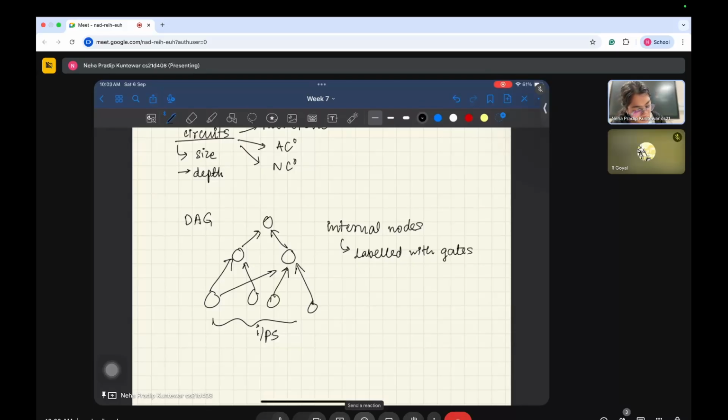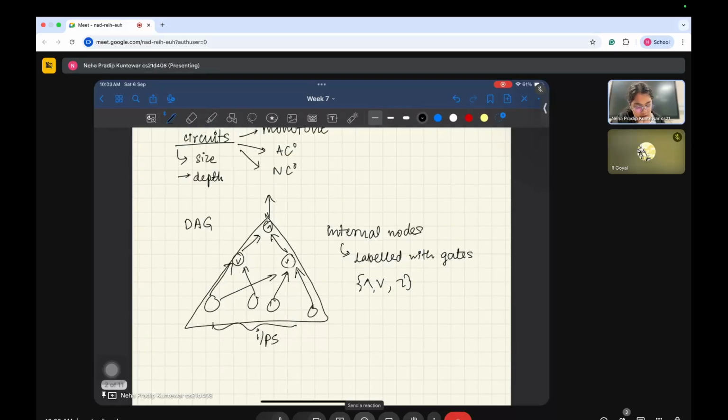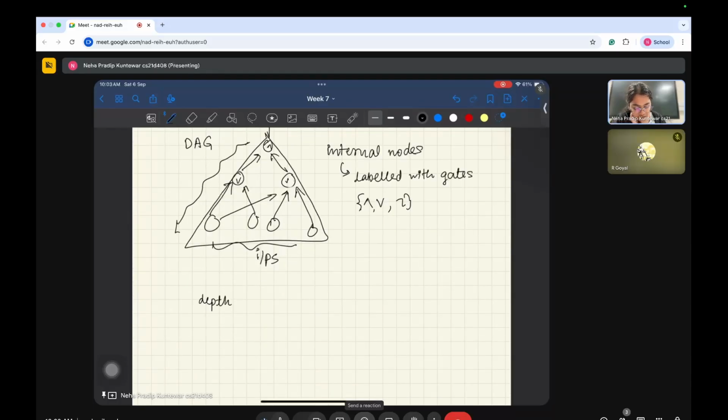And we saw that AND, OR, NOT is one standard basis that we typically work with. So you can assume that these are labeled with these gates, and the gate at the root is what we say is the output, which computes the output of the function. So that's how we define circuits. And the longest path from the root to the leaf is what we call the depth, and the total number of gates that are there in this circuit is what we call the size.